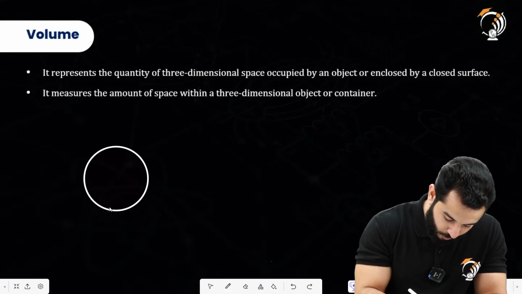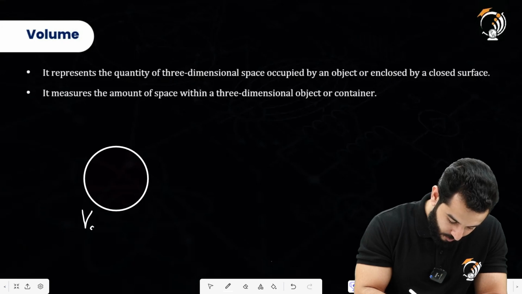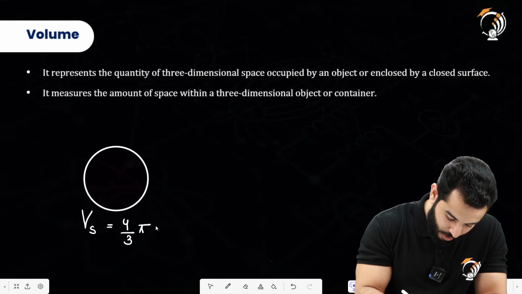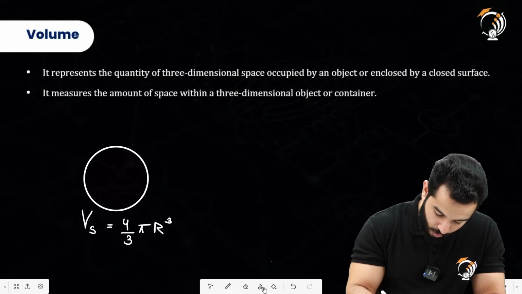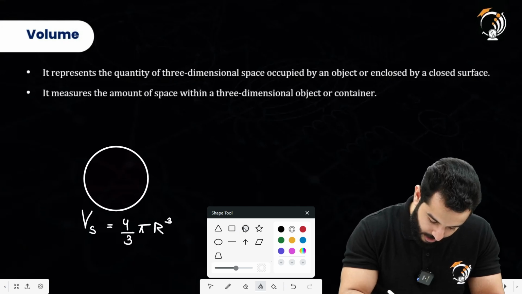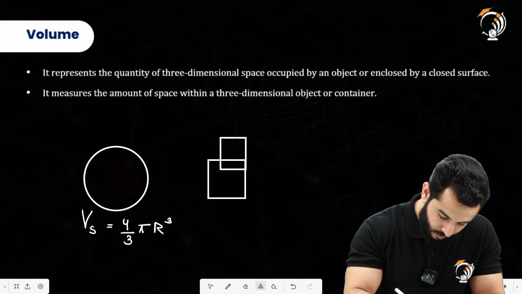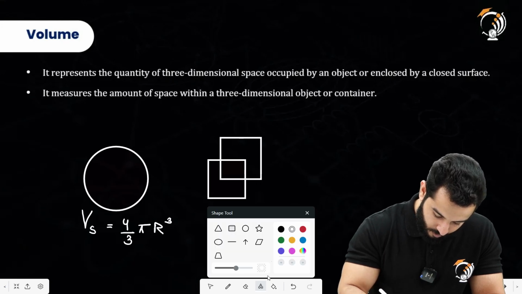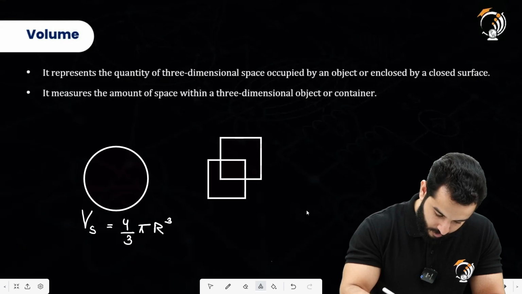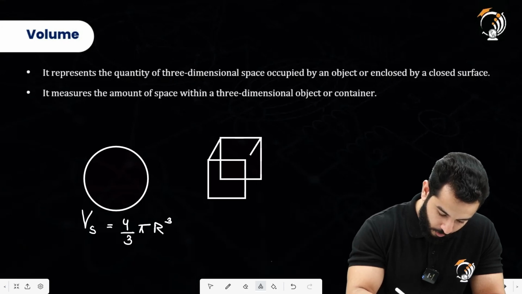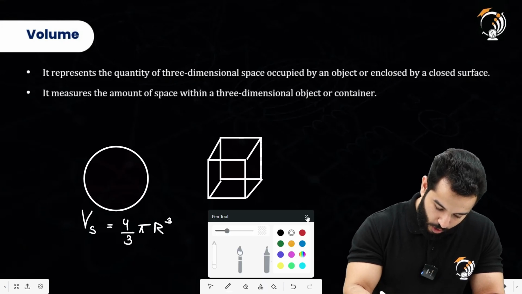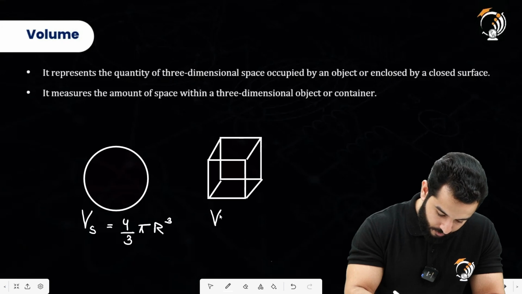The volume of a sphere is going to be 4 by 3 pi r cube. If we talk about, let's say, a cuboid of edge length a, the volume of this cuboid is going to be a cube.